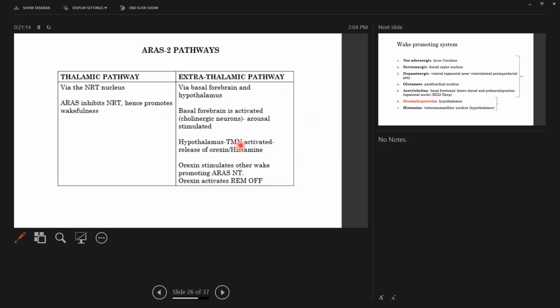Then via the hypothalamus, which is home to the tuberomammillary nucleus, which has the histaminergic neurons, the hypothalamus also releases orexin. So via this extrathalamic pathway, the ARAS stimulates the release of orexin. Orexin is the master regulator, and it will further stimulate all the other neurons to produce other neurotransmitters.